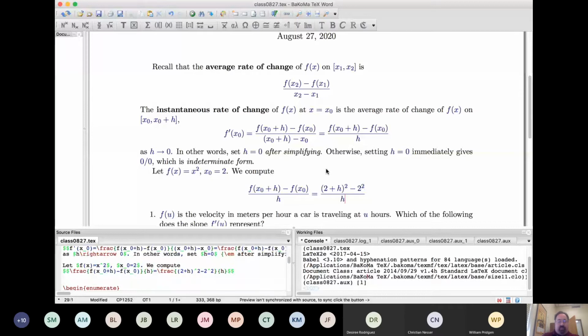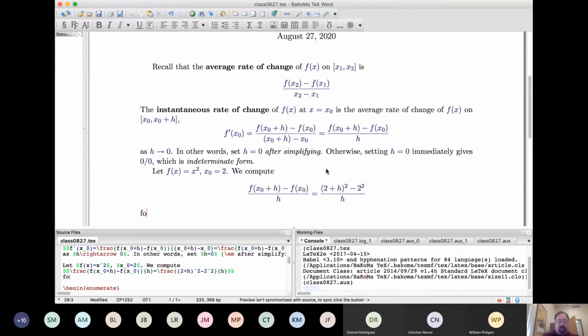All right, so I'll just pick some small values of h and fill them in here.